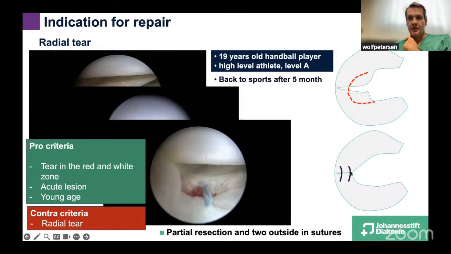Today, maybe I would have added 2 additional vertical sutures to perform a so-called hashtag repair, because several newer studies have shown that this repair has a little bit higher biomechanical stability, but it also healed with the two horizontal sutures. So this patient went back to sport after 5 months, very successfully.